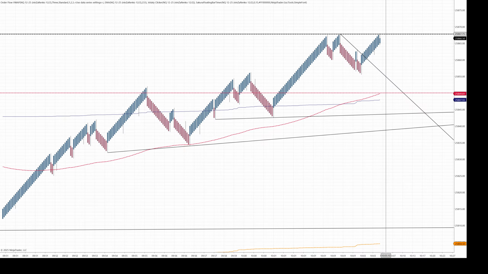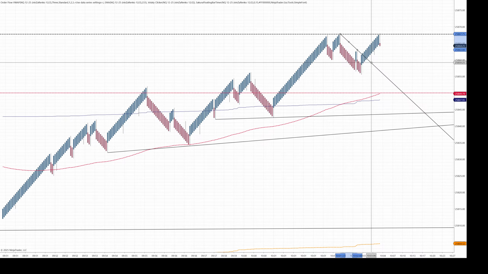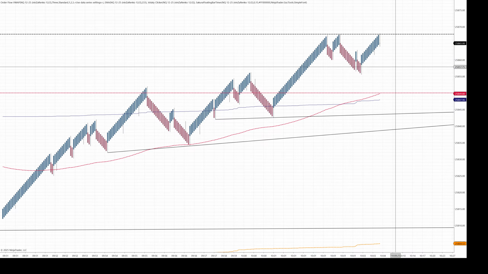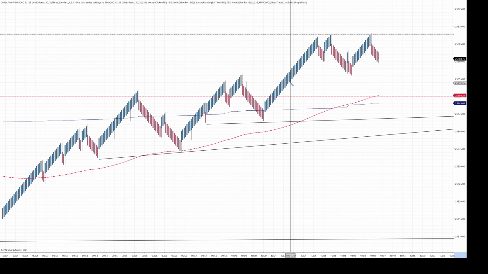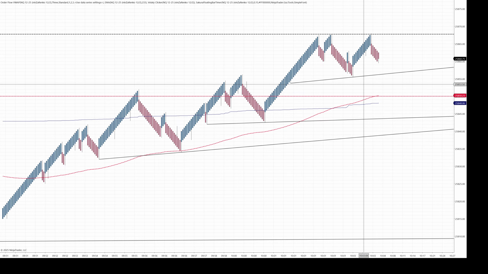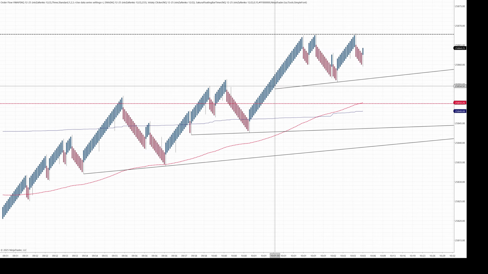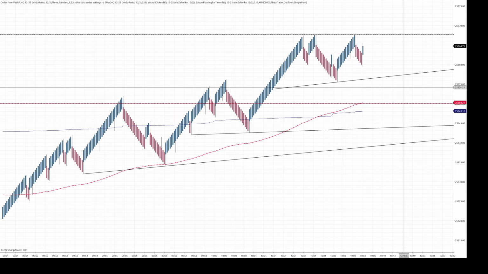Okay, we just broke the all-time high again. So now we're able to draw this upward trend line here from this little pullback right there.